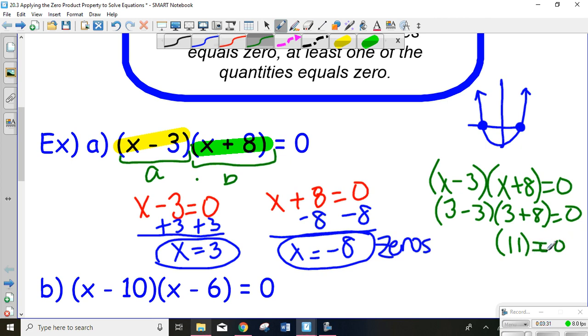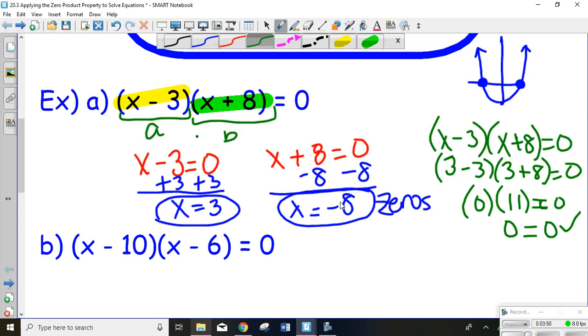But 3 minus 3 is 0. 0 times 11 is 0. So I do get a true statement. If I did the same thing for the negative 8, it would work on that second set and give me a 0 in place of the 11. So those are my two answers. Those are my two zeros of the function.